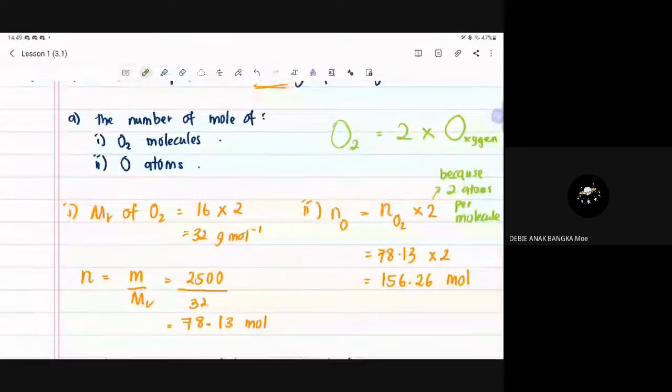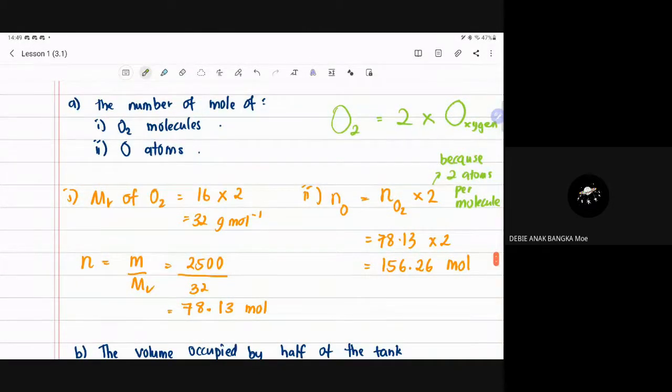Okay, so kita ada 2 atom per molecule. So this is the number of mole multiplied by 2 and you will get the answer.